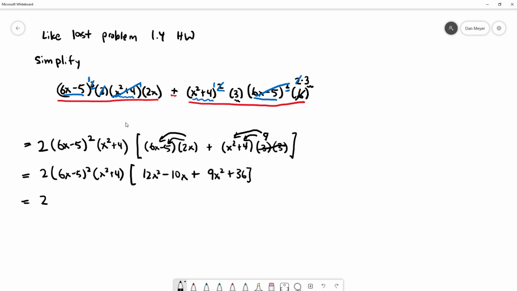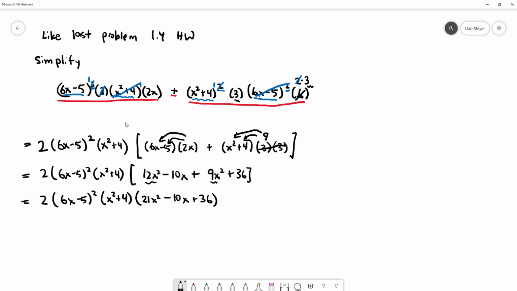We can now combine like terms inside the brackets. 12x squared plus 9x squared leaves me with 21x squared minus 10x plus 36. And I think that's most of the hard work.